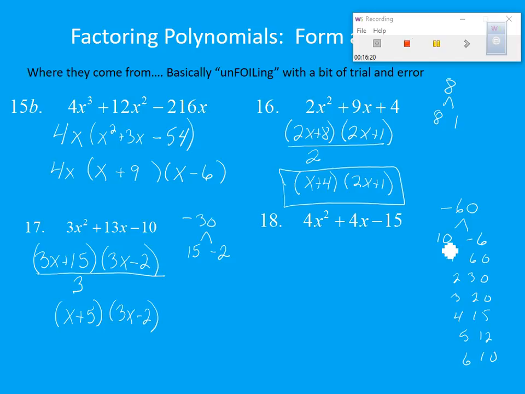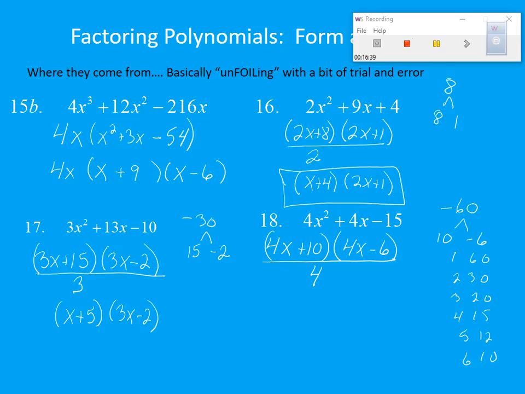So now, these are the numbers I'm going to use. So I'm going to write this as 4x plus 10 times 4x minus 6 all over 4. Now, look at this real fast though. 4 doesn't go into 10 nicely, nor does it go into 6 nicely.